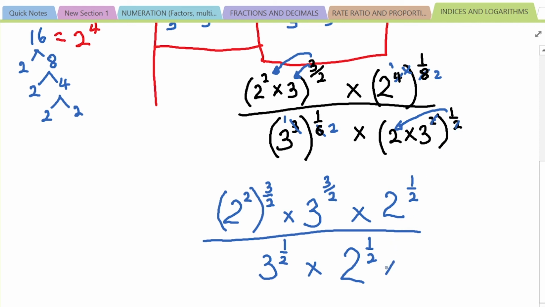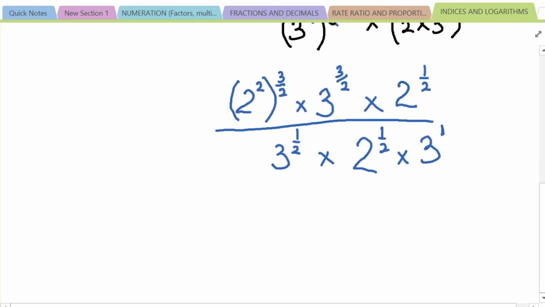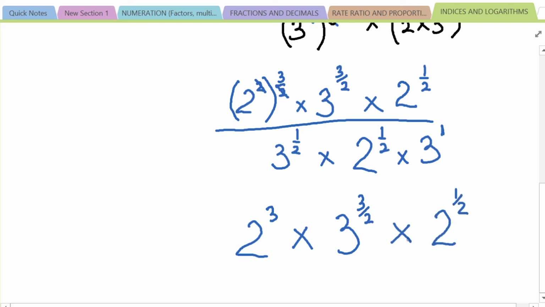So this remains 3 to the power 1, like that. So continuing, this 2 and that 2 will cancel. We shall remain with 2 to the power 3. Multiply that by 3 to the power 3 over 2. Multiply that by 2 to the power a half.